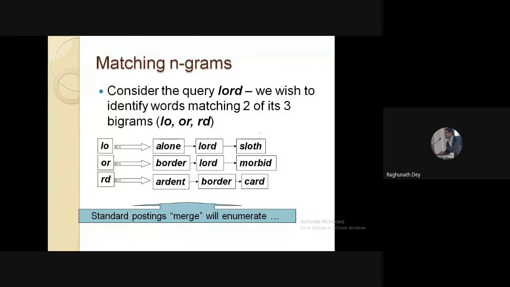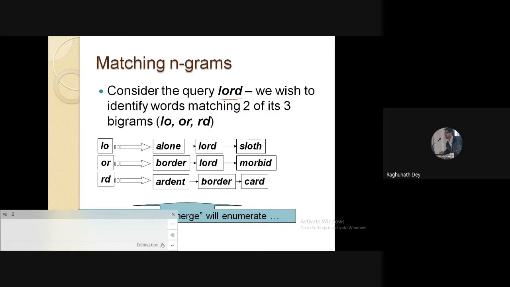Again, one more example. Suppose you are going to find the possible posting list for the given term LORD. As this term is very small, I have taken a 2-gram, or bigram. So what are the possible combinations of this given term LORD?